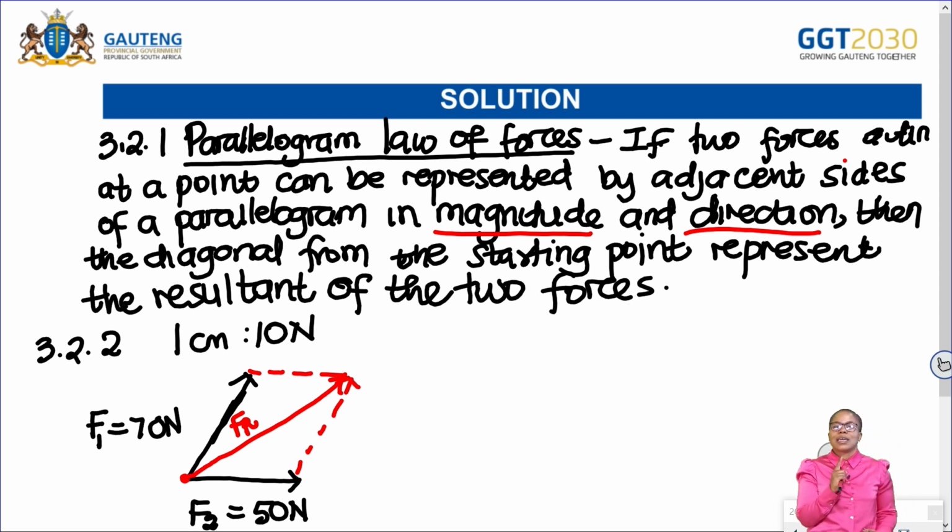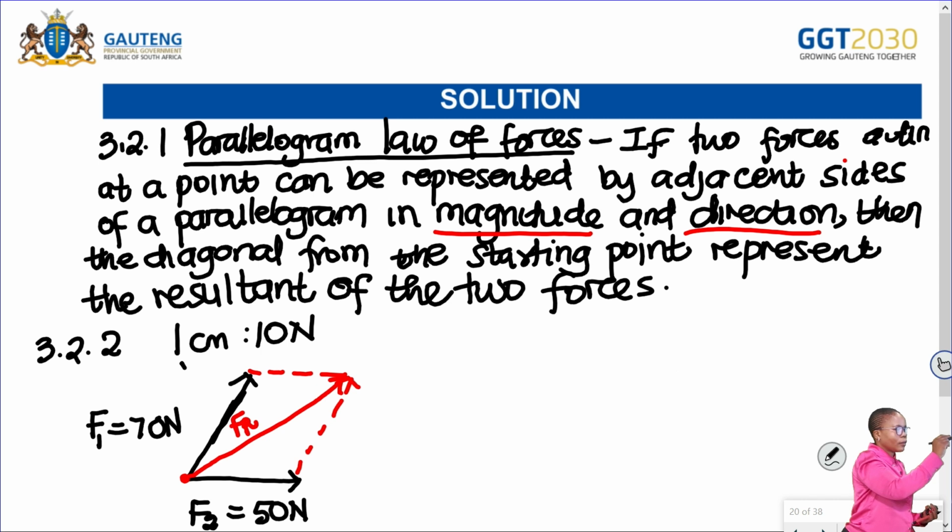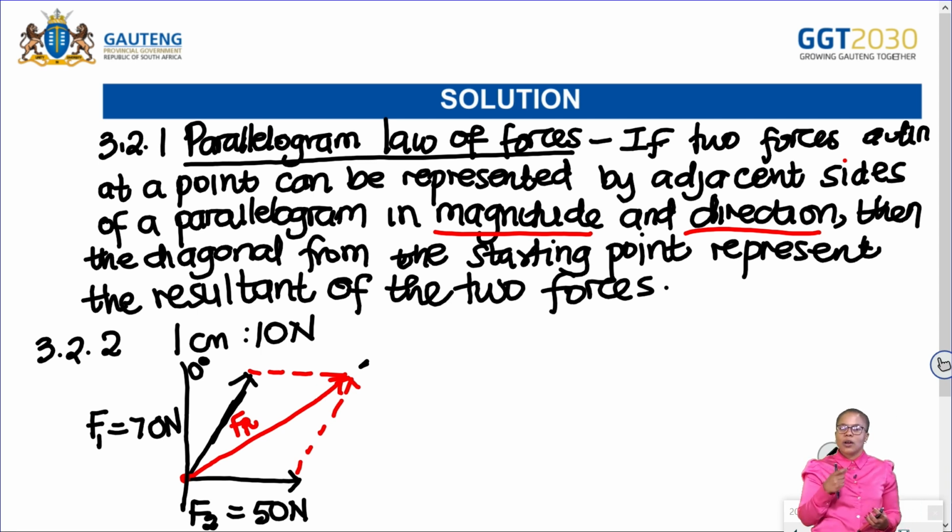So how do we then find the magnitude and direction of this one? Remember, your north remains your reference point. So you place your protractor over there and see in which bearing it falls. You read your protractor in a clockwise direction, and this line will give you the magnitude of your resultant force.